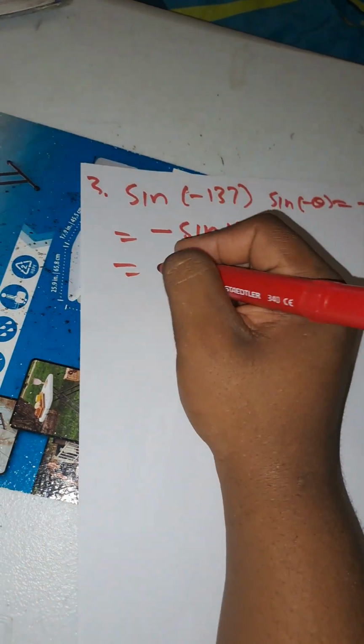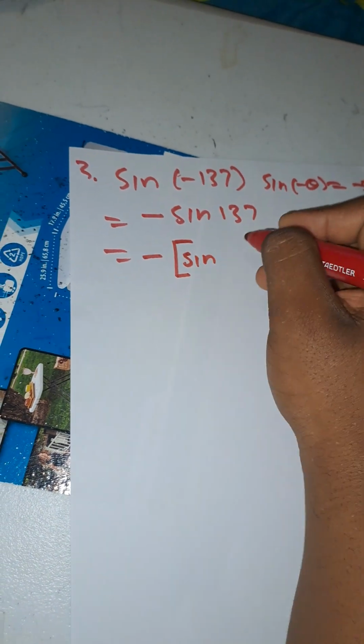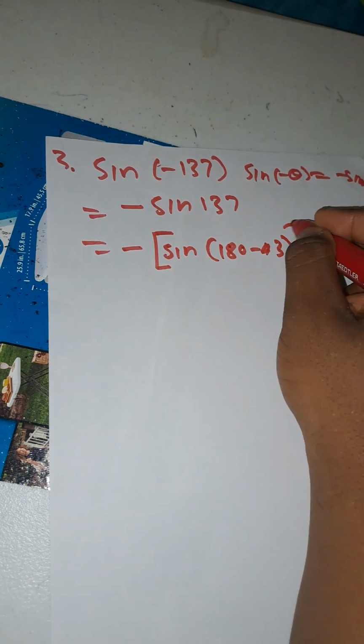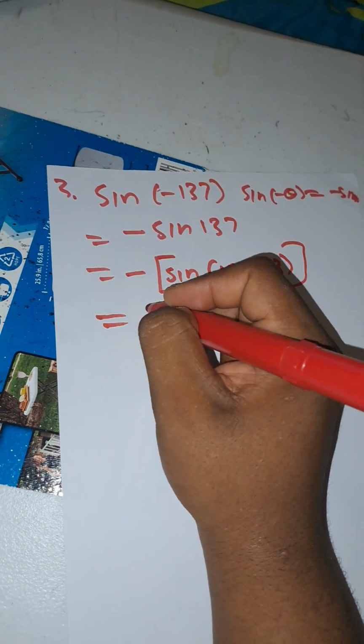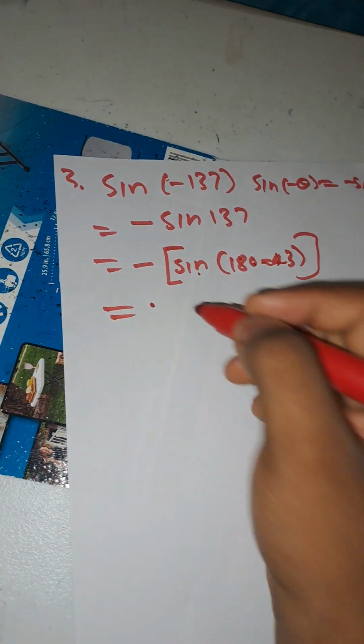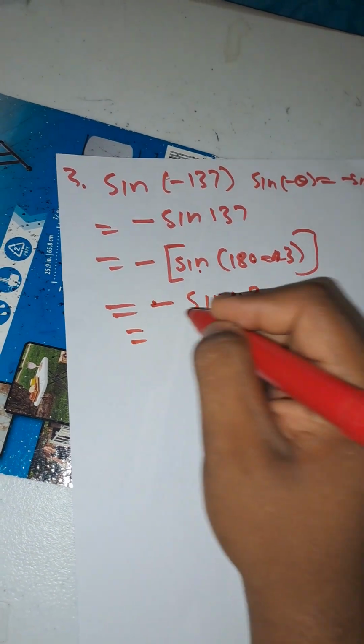You continue. And then you will say negative, and then you open your big bracket, which is sine, and then you do your reduction angle, 180 minus 43. Continue, it will be what? Sine 180 minus theta is positive for sine, so it will be negative sine 43 again, which is the same as negative a again.